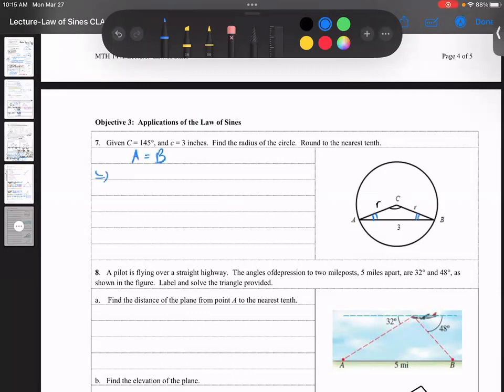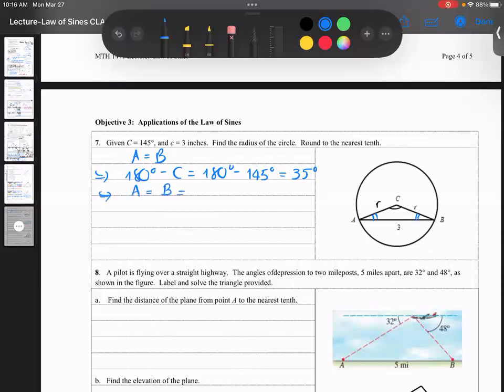So that implies 180 minus C, which is 180 minus 145, is equal to 35 degrees. And that 35 degrees is the sum of both angles, right? So you can figure out what each angle is.